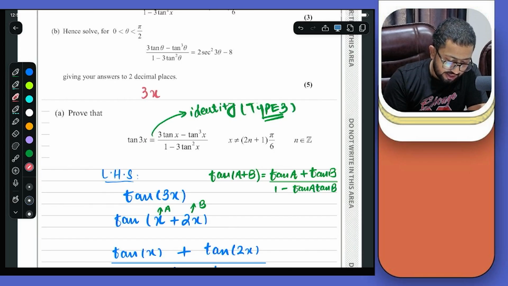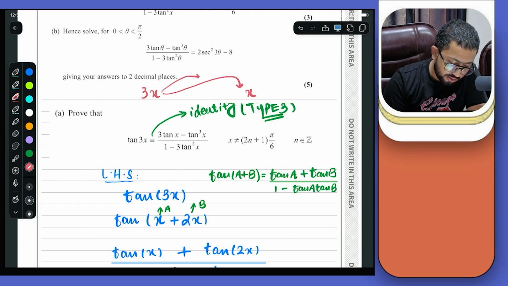Whenever you have 3x and you want to get the x angle, first you have to convert the 3x angle into 2x angle, then you can move forward to x angle.